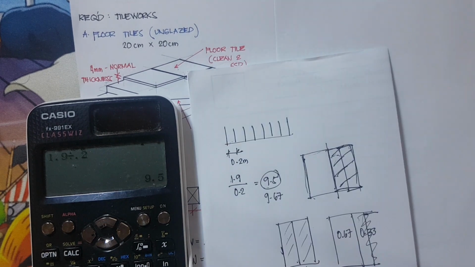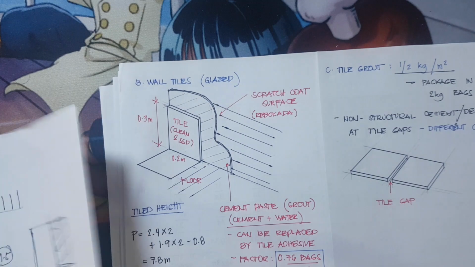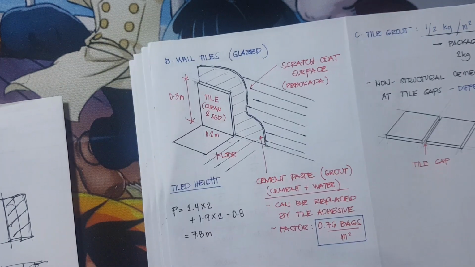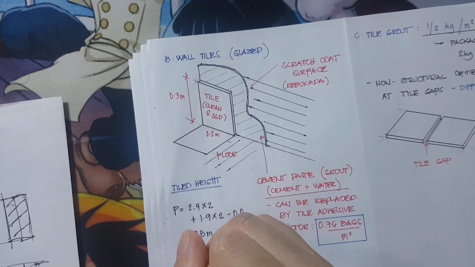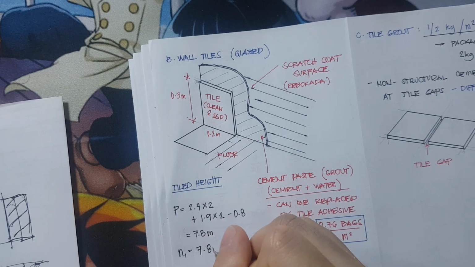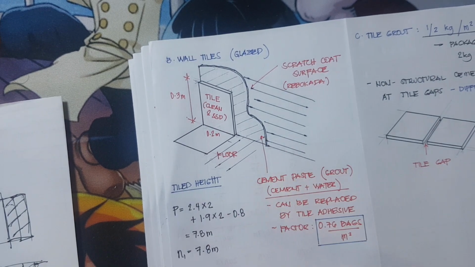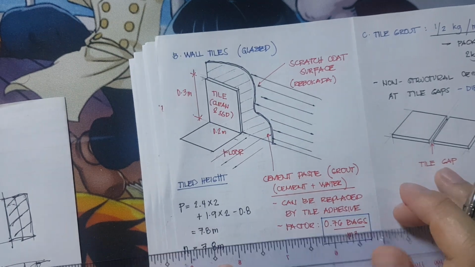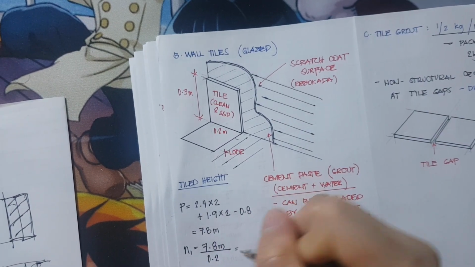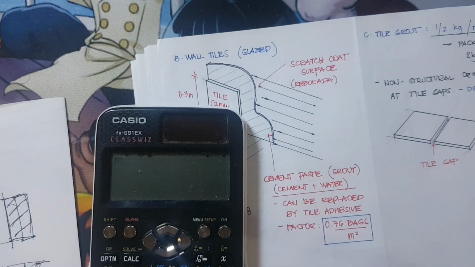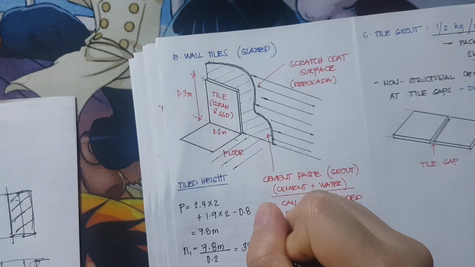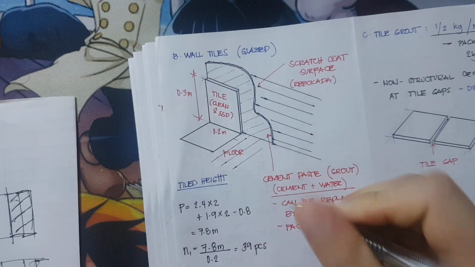So, with that, N1 is equivalent to 7.8 meters divided by 0.2, and that is 39 pieces.